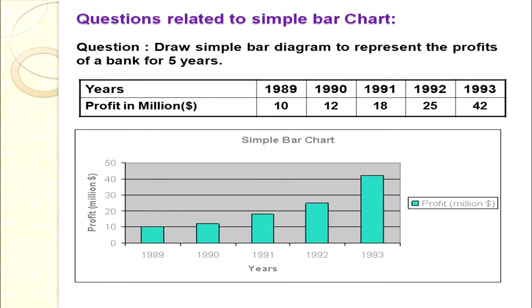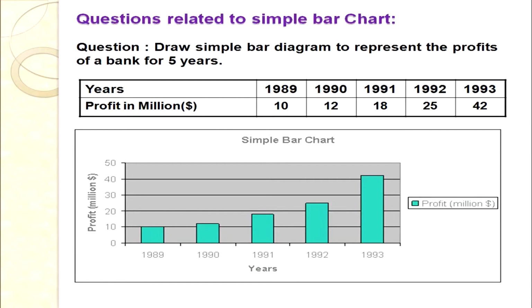So we have labeled the x-axis and the y-axis, now we are going to draw the length of the bars. For 1989 it is 10, 1990 it is 12, 1991 it is 18, 1992 it is 25, and 1993 it is 42.